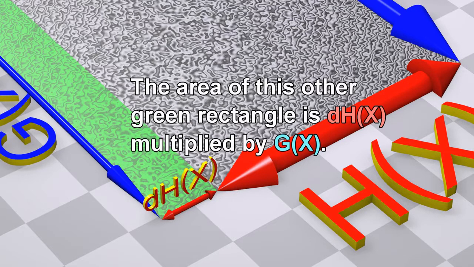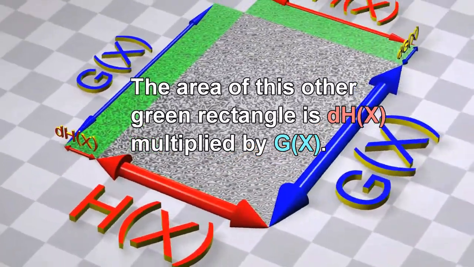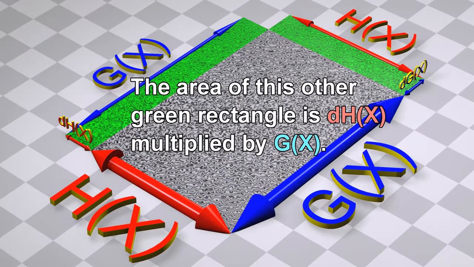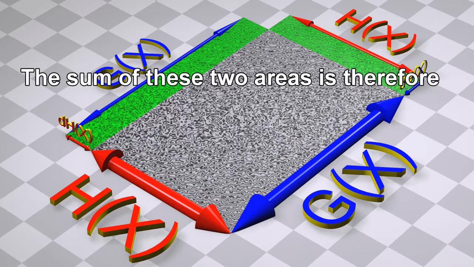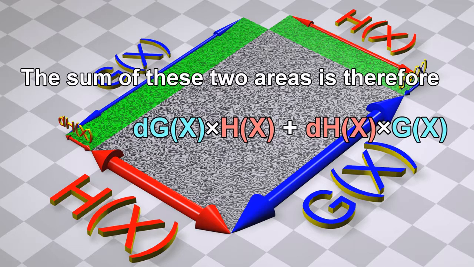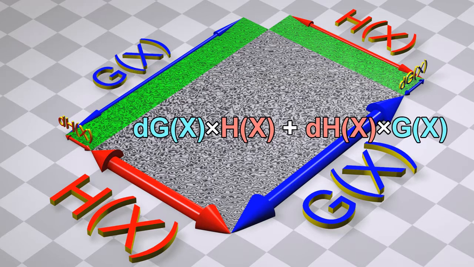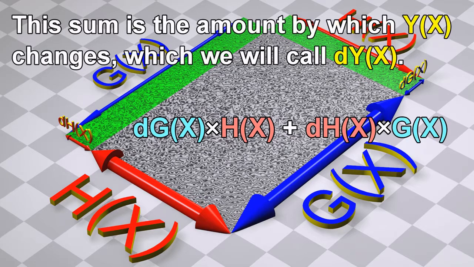The area of this other green rectangle is dh multiplied by g. The sum of these two areas is therefore dg multiplied by h plus dh multiplied by g. This sum is the amount by which y changes, which we will call dy.